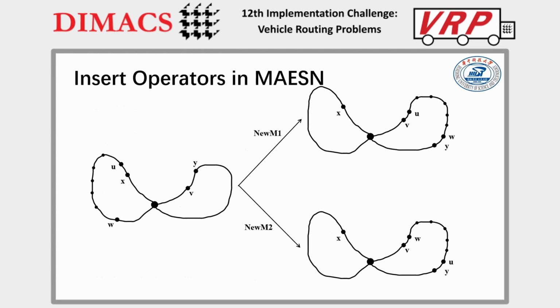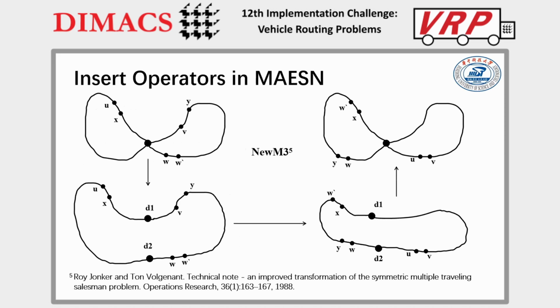This figure shows the insert operators, new M1 and new M2, where U and W are in the same route. We can see that the city sequence from U to W is inserted between V and Y. The operator new M3 can perform in the situation that U and W are in different routes.